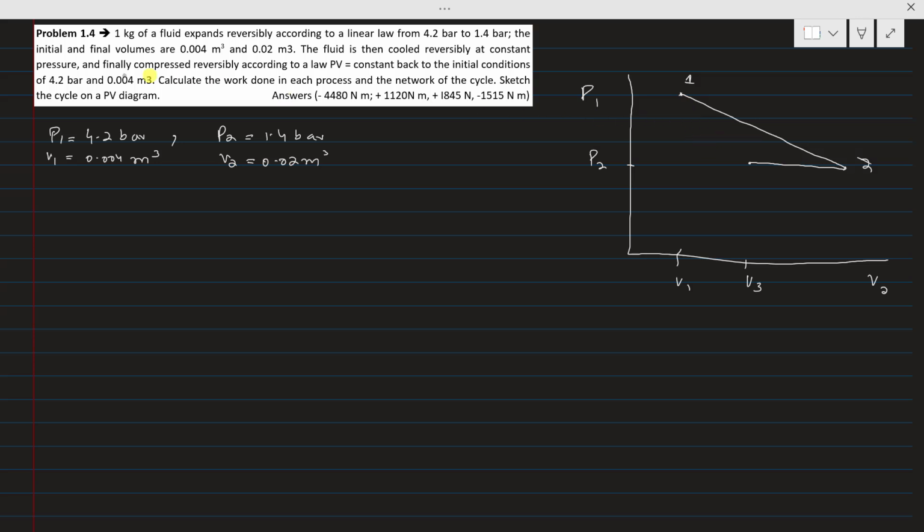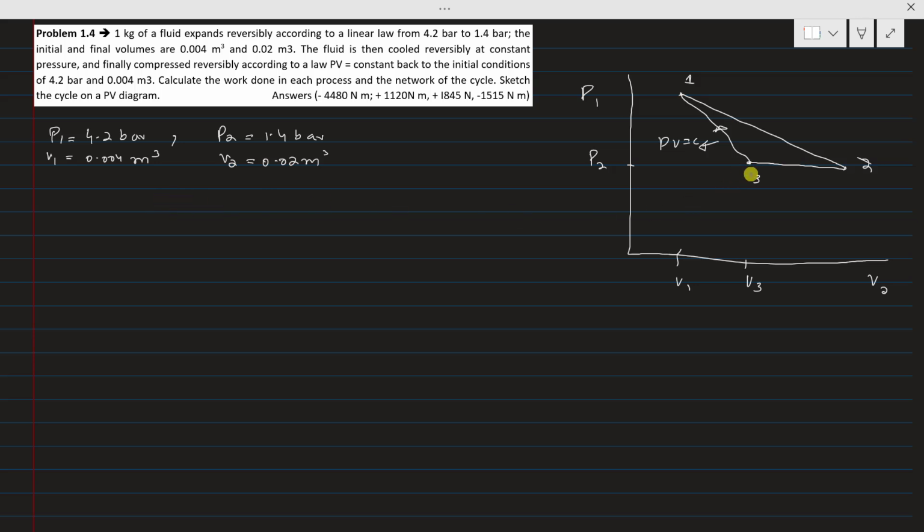Next, compression takes place by the law PV equal to constant, such that it reaches back to its initial conditions. So from 3 to 1 compression takes place by the law PV equal to constant. This is the PV diagram of this statement.